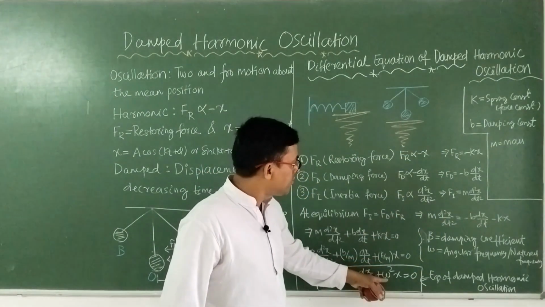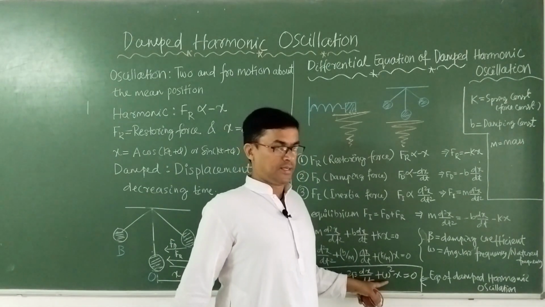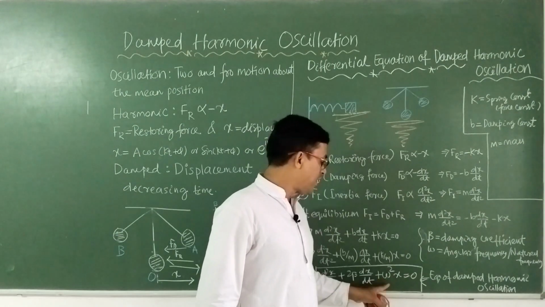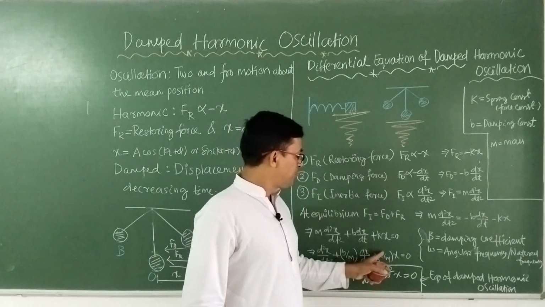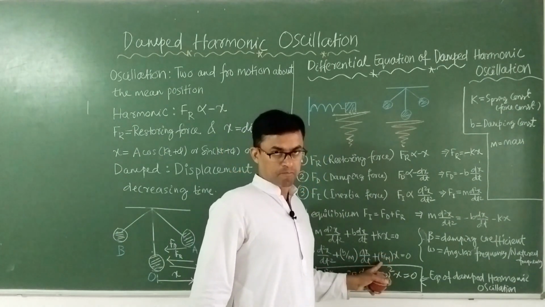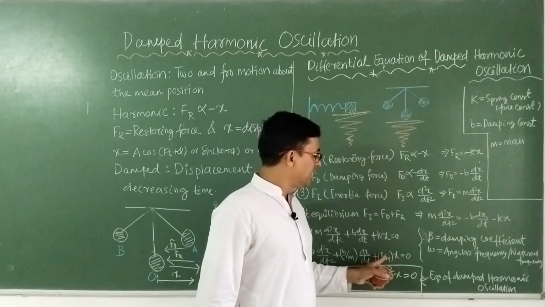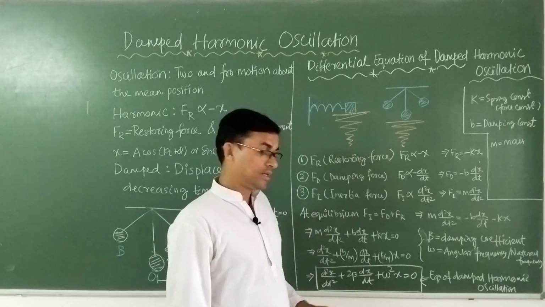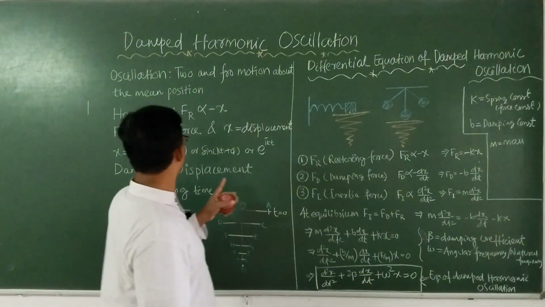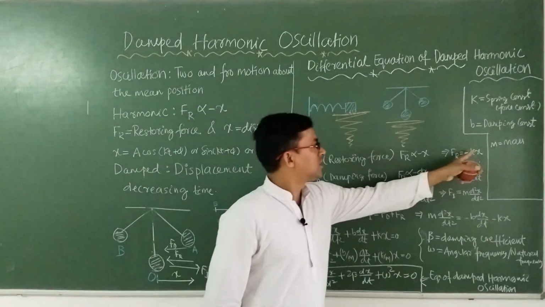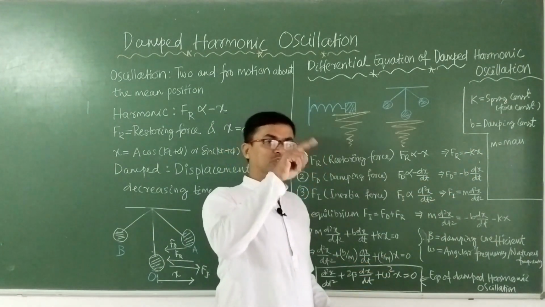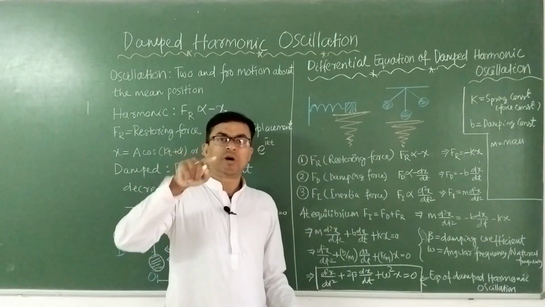And k by m we write as omega square, because omega square means angular frequency square. Why? If we dimensionally solve k by m, we find the dimension of k by m is 1 by t square. This k comes from force by displacement, and then divided by m.